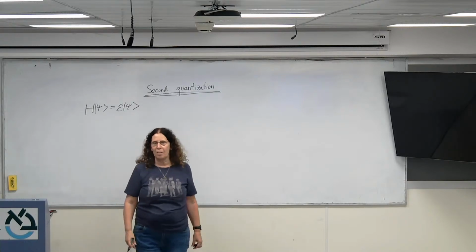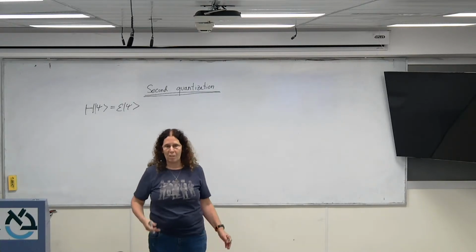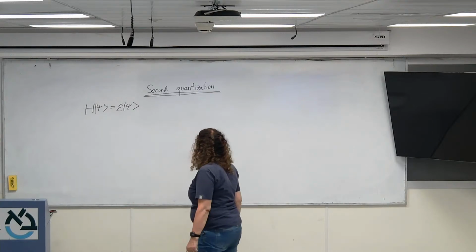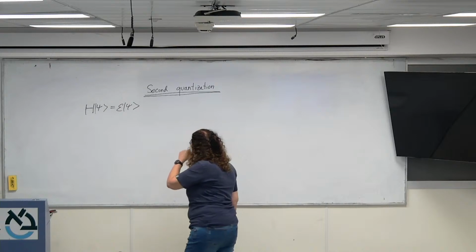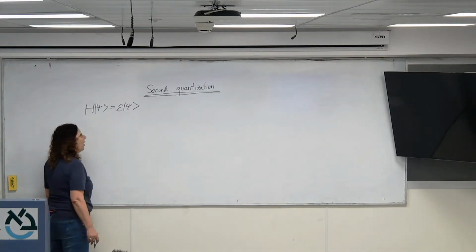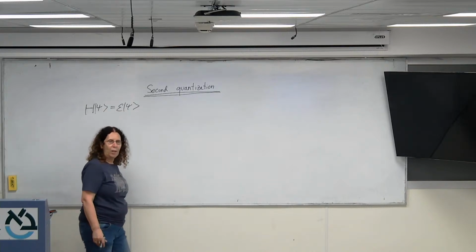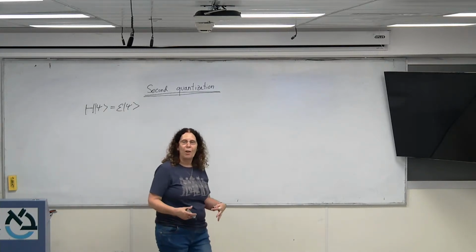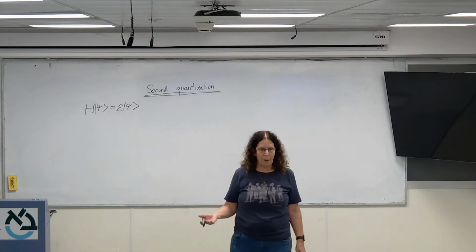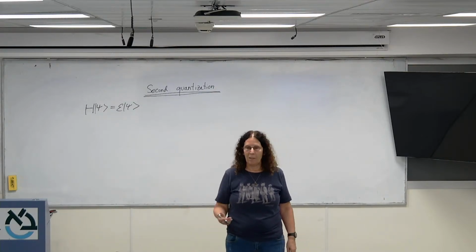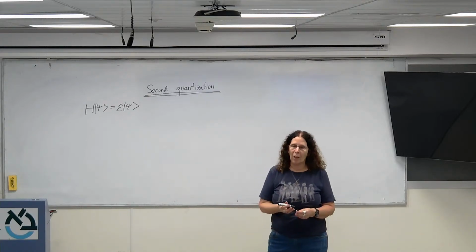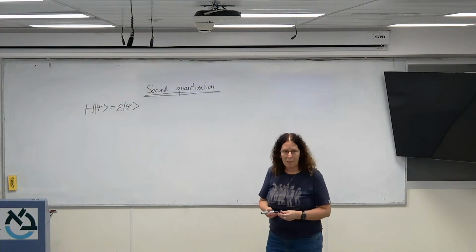It can represent a state where the number of particles is not well defined. It's also possible. In the first quantization language, we usually talk about wave functions, right? We write some function of the coordinates of the particles, and we plug it in and hope to get some differential equation that we can solve.